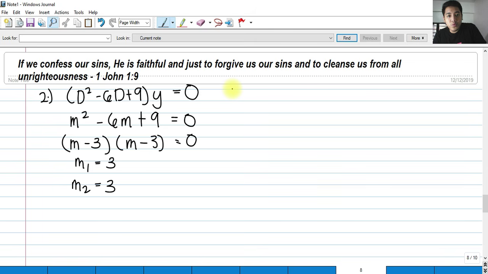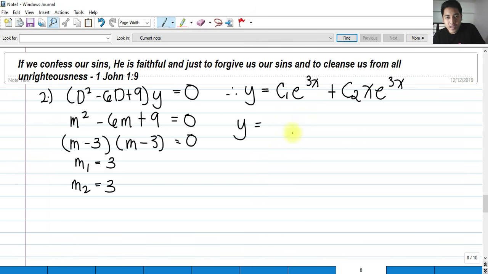So if we're going to write this in our solution form, we have c sub 1 e raised to 3x, that's m sub 1, plus we have c sub 2 multiplied by x since it repeats at 3. So we have e raised to 3x, and we can therefore factor out e raised to 3x.